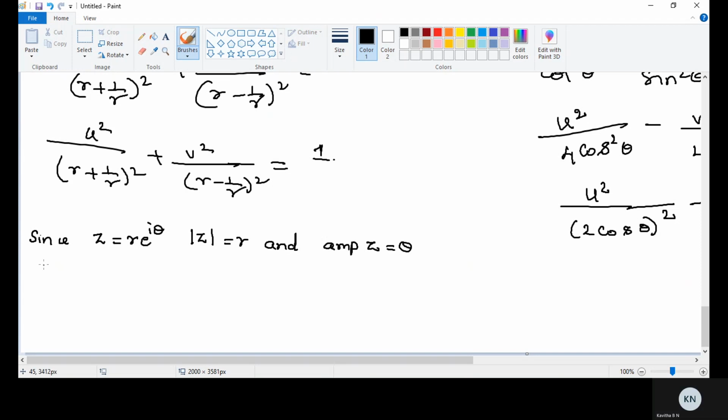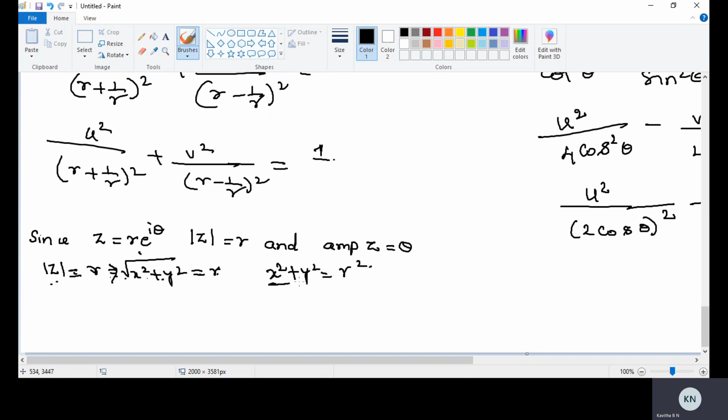Here mod z is what? r is equal to square root of x square plus y square. This implies mod z is nothing but square root of x square plus y square is equal to r. Then squaring on both sides, x square plus y square is equal to r square.